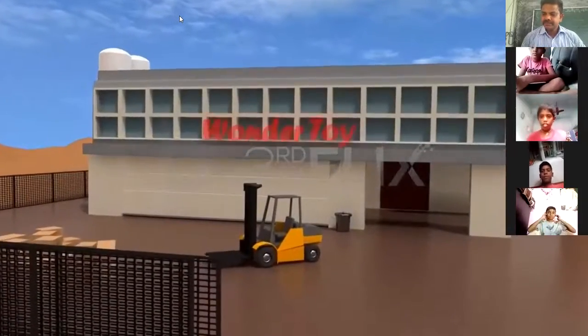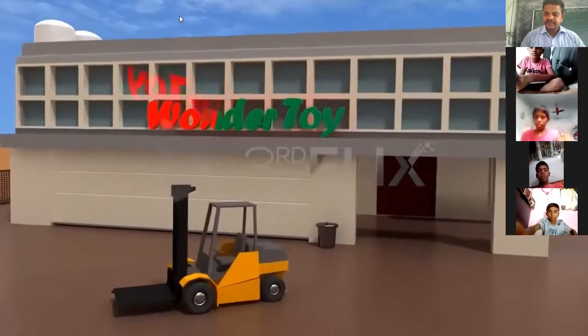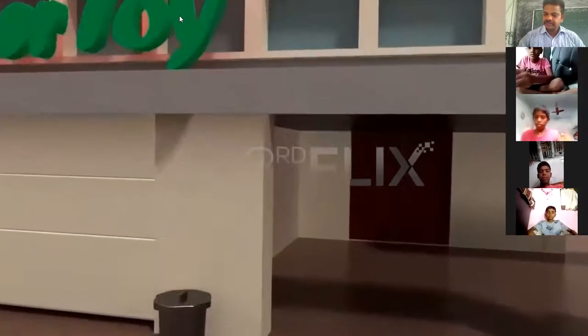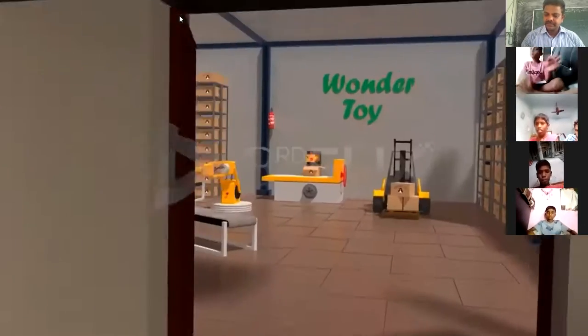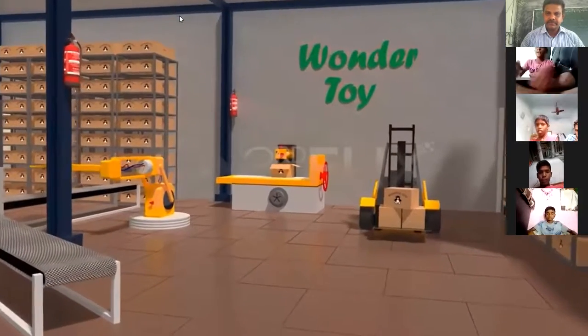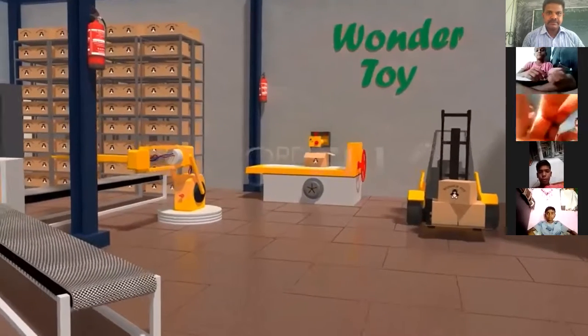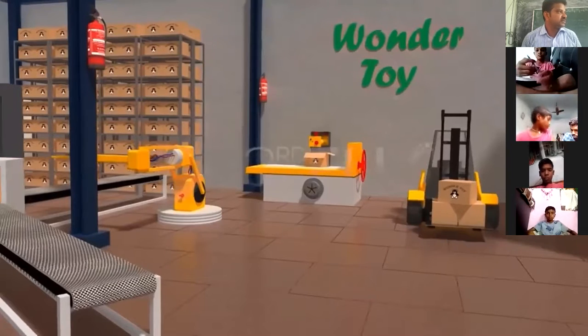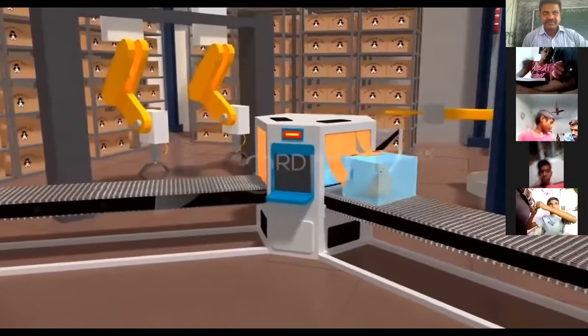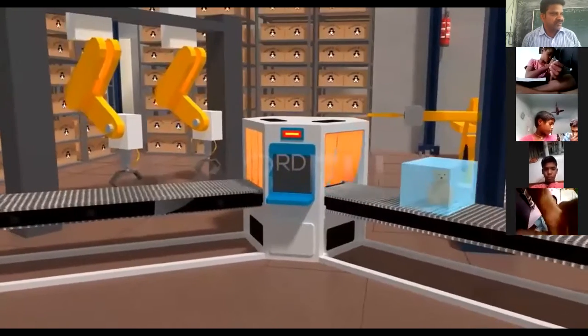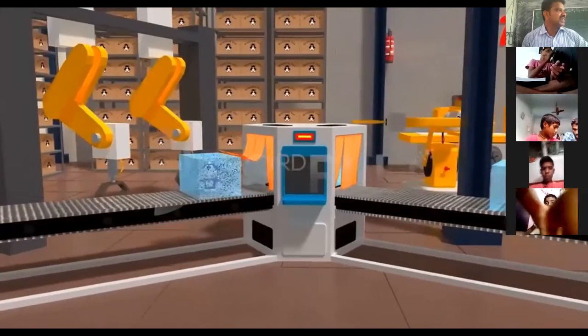There is a toy company, Wonder Toy, which produces two different toys, Teddy Bear toys and Doraemon toys.